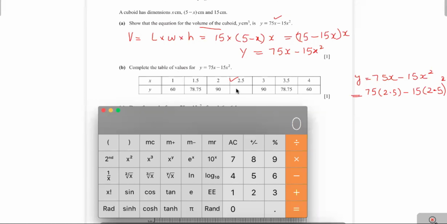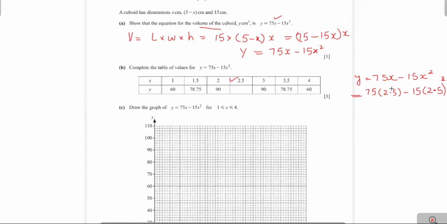Now to find the value of y, we put the value of x in this equation, y equal to 75x minus 15x squared. Now you see here x is 2.5. 75 into 2.5 minus 15 into 2.5 whole squared.